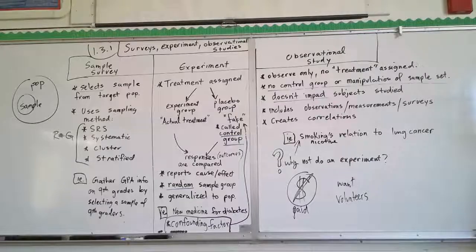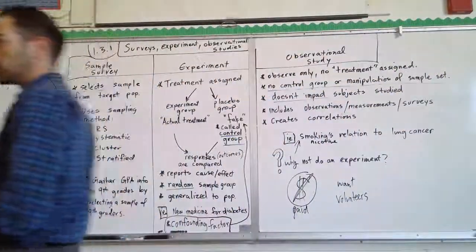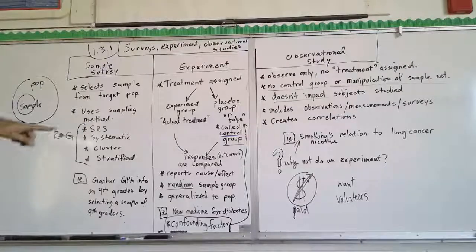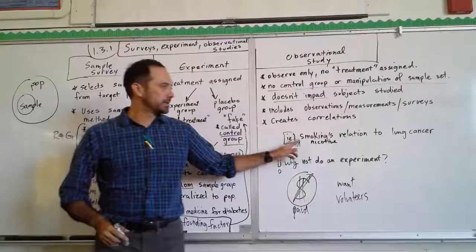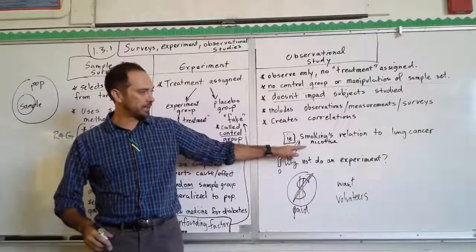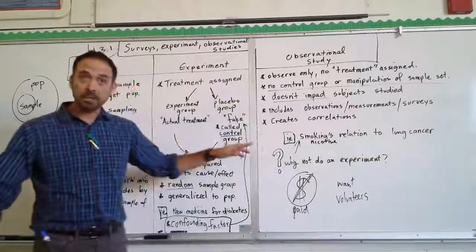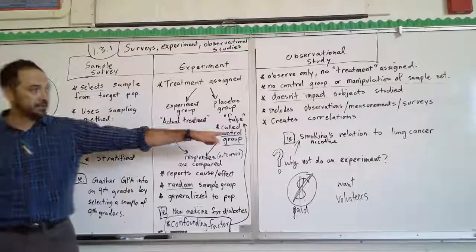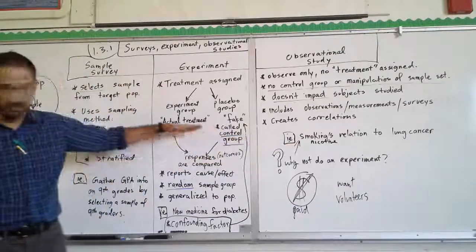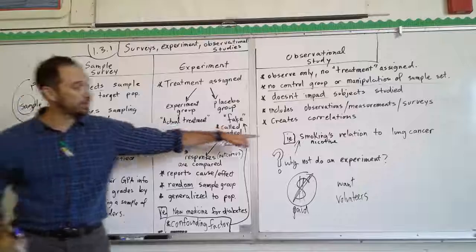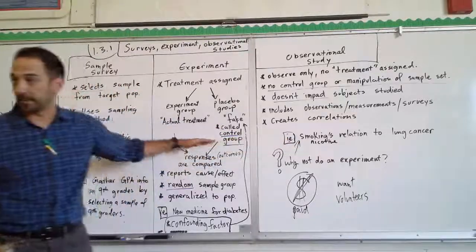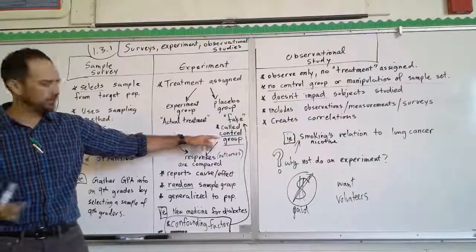The example I give here is smoking nicotine and that relation to lung cancer. My question is why that parameter cannot be an experiment. You can't try to draw a conclusion from this using an experiment. So think, if I use an experiment for this, what would I have to have? I would have to have two groups. So think about that. Okay, 10 more seconds.